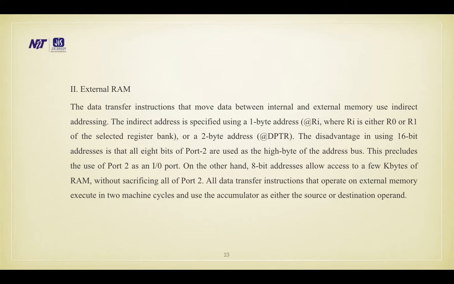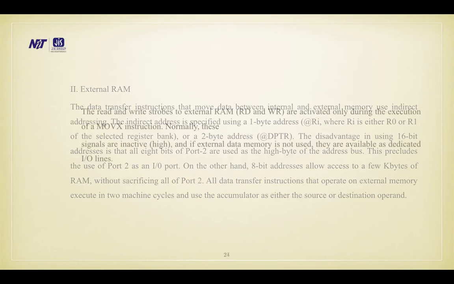This precludes the use of port 2 as an I/O port. On the other hand, 8-bit addresses allow access to a few K bytes of RAM without sacrificing all of port 2. All data transfer instructions that operate on external memory execute in 2 machine cycles and use the accumulator as either the source or destination operand.